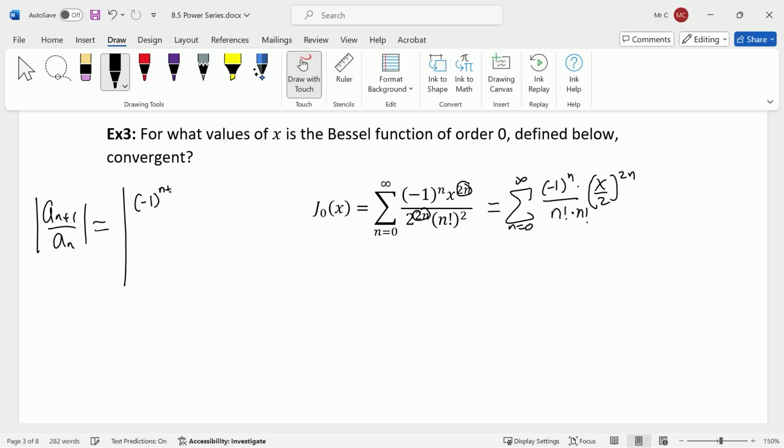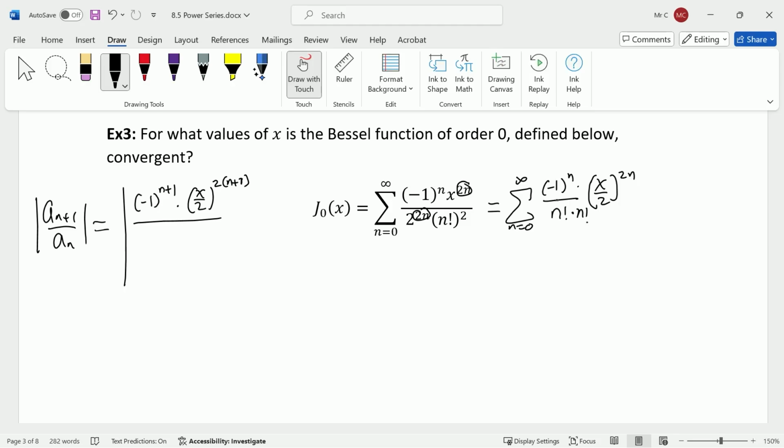Negative 1 to the n plus 1 times x over 2 to the 2 times parentheses n plus 1. Be careful about that. Anywhere you've got an n, you've got to replace that n with n plus 1. That means if there's a multiplication or an exponent or anything like that, you need to put a parentheses around that.